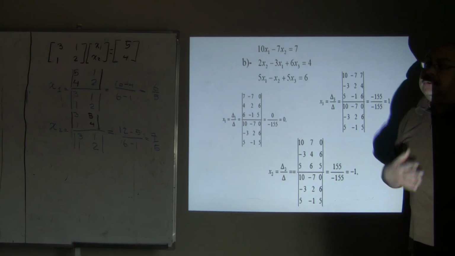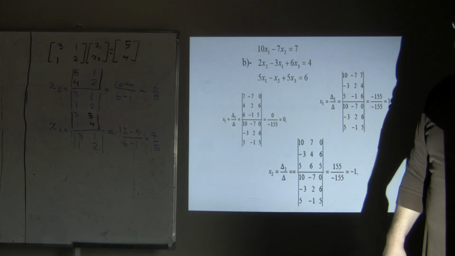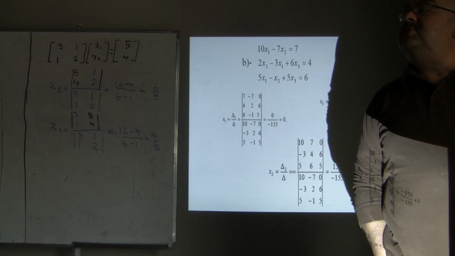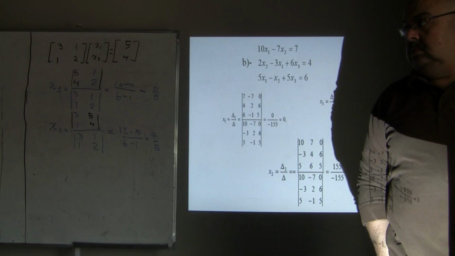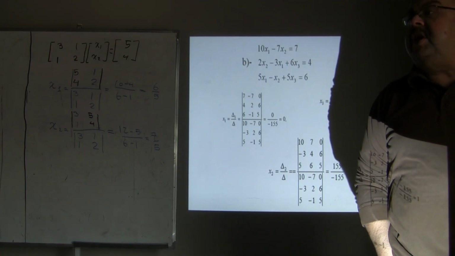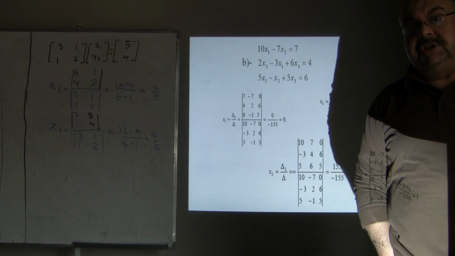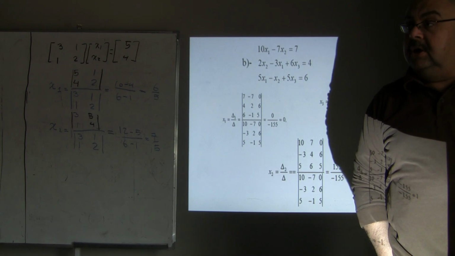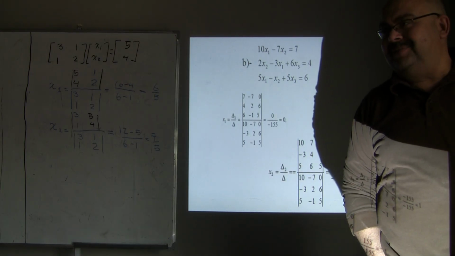Hazem, can you tell me what is the problem with Cramer's method? First of all, if the dimension or the number of equations exceeds 4 equations, it's going to be a disaster.